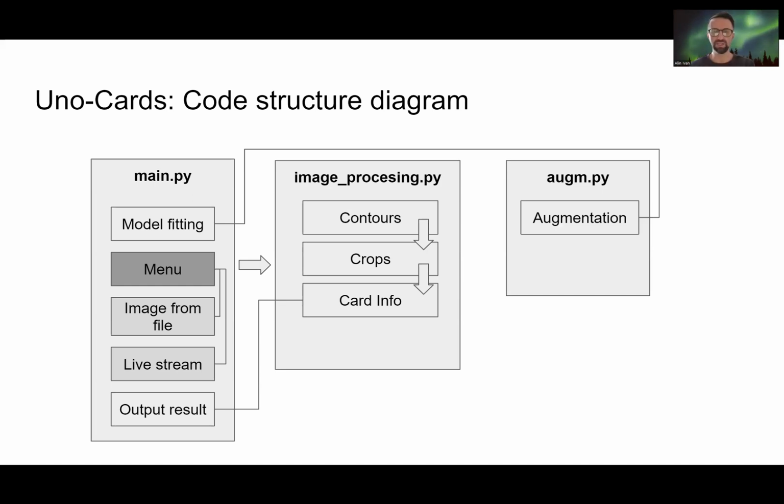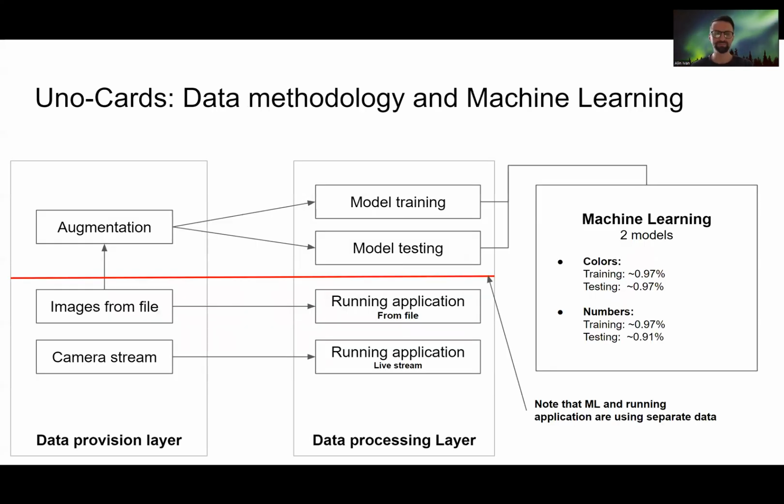The image processing was processing each frame or image from file, providing contours, crops, and card information ultimately to be outputted to the user. The main file provides the menu and the 2 functions that will run the process with images from file or from the live stream.